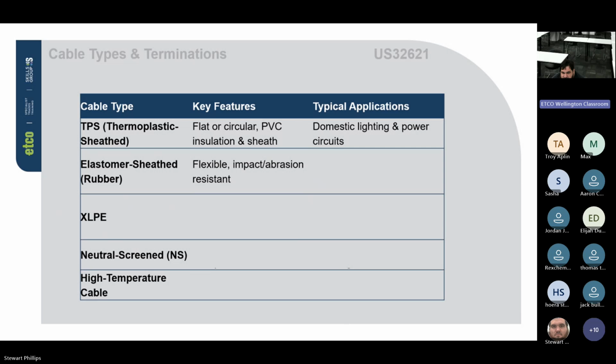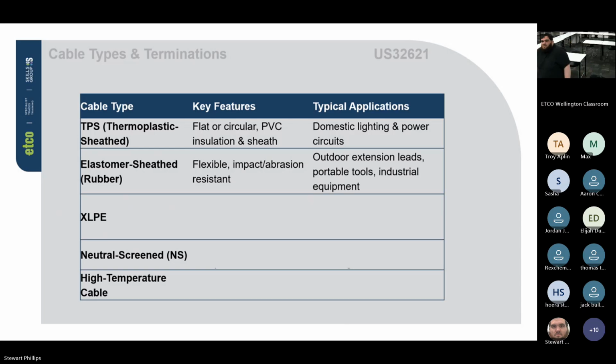Extension lead, yep. Industrial, warm rooms. So outdoor extension leads, portable tools, and industrial equipment. So that's where we would use our elastomer sheathed rubber. And yeah, warm rooms or areas where there's high temperature.